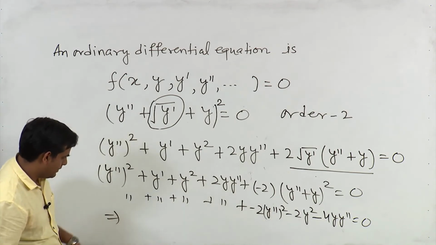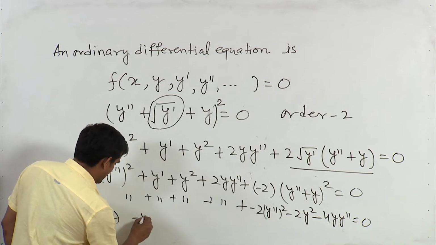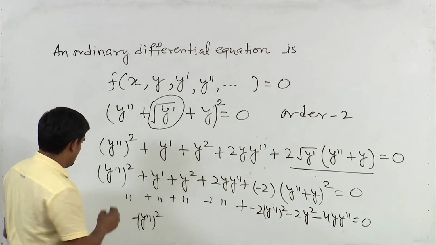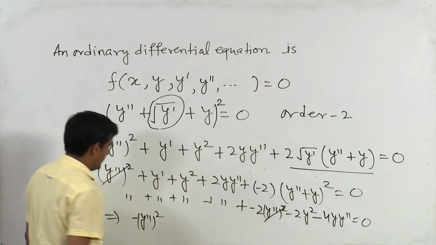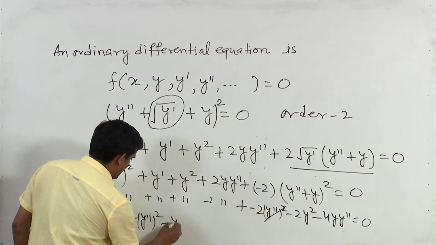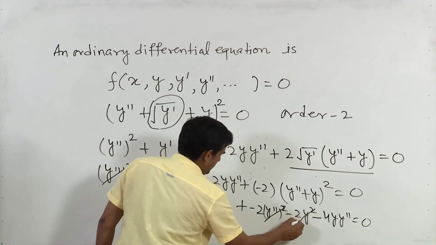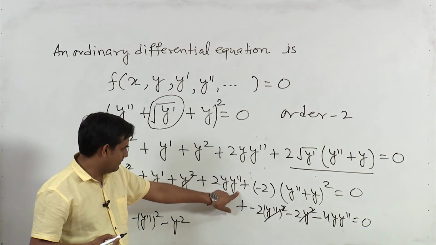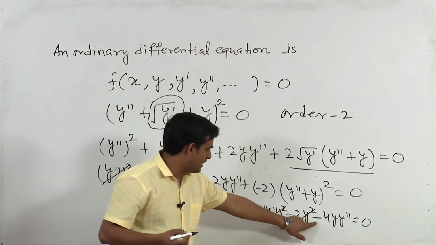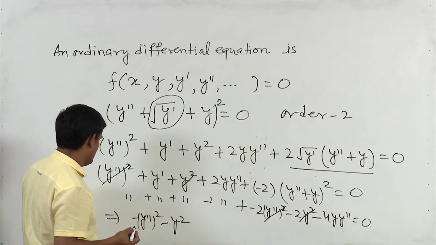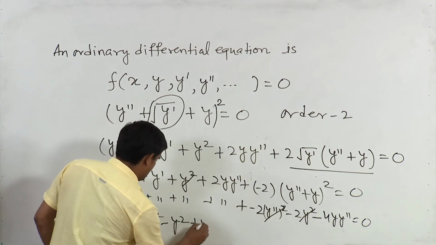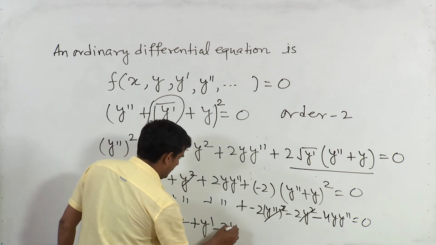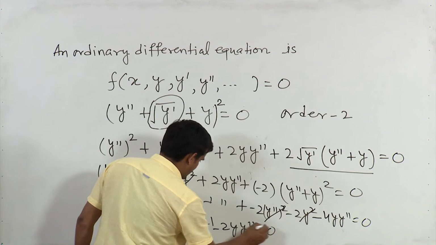Or if I simplify it more, minus y double prime square. So this term cancels with this one, minus y square, and then I have 2y double prime here, and here I have minus 4y double prime plus y prime is coming from here, this term, minus 2y double prime equals 0.